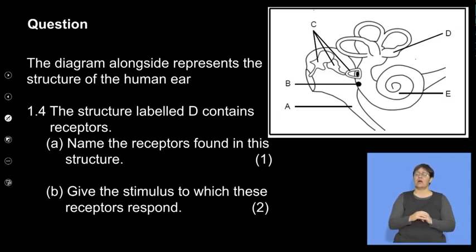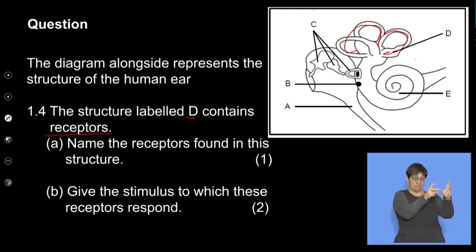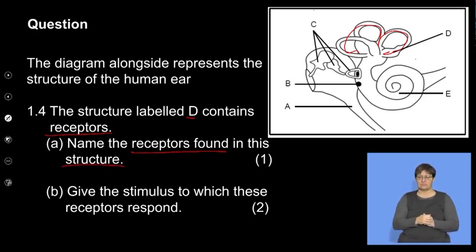It says the structure labeled D contains receptors. Remember the function of the receptors is to convert the stimuli to an impulse. Name the receptor found in that structure that we did talk about.